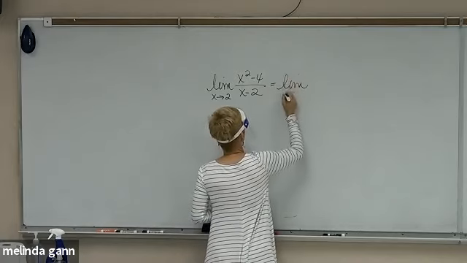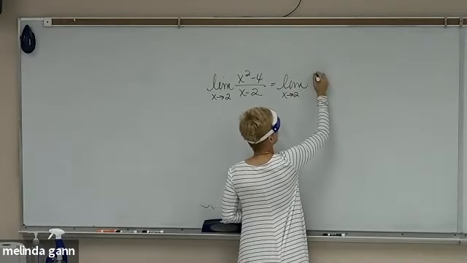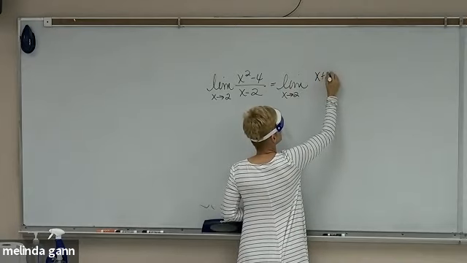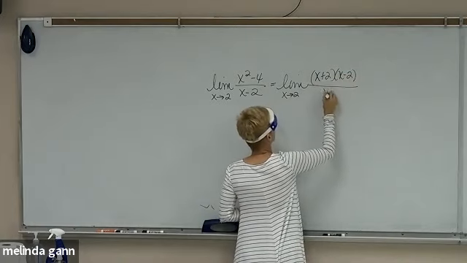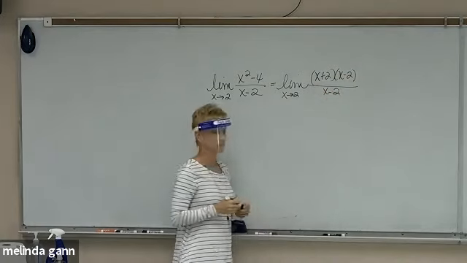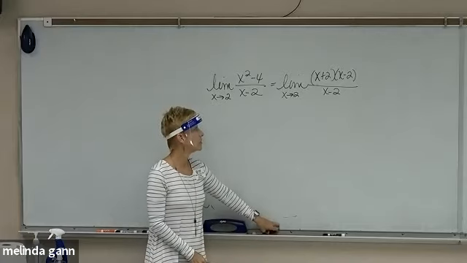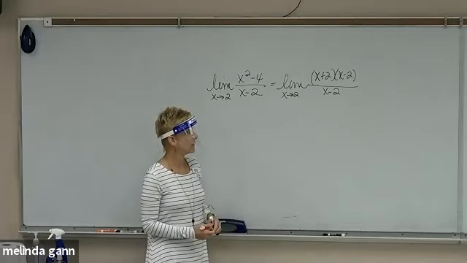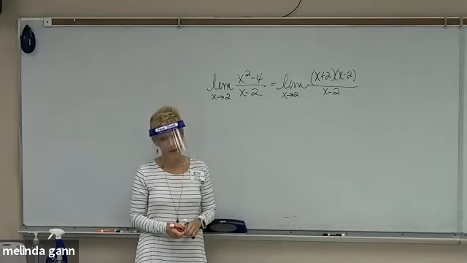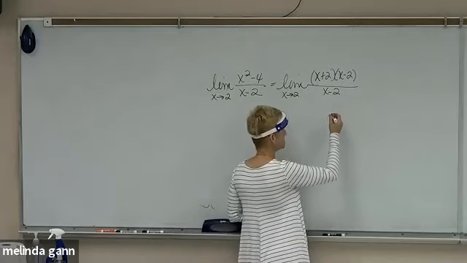Can you factor that numerator? What does it factor into? X plus 2 times x minus 2. So what do you think I'm about to do? All right, I'm going to divide the x minus 2's out. Now, we're going to talk about that in a second, because you can't always do that.